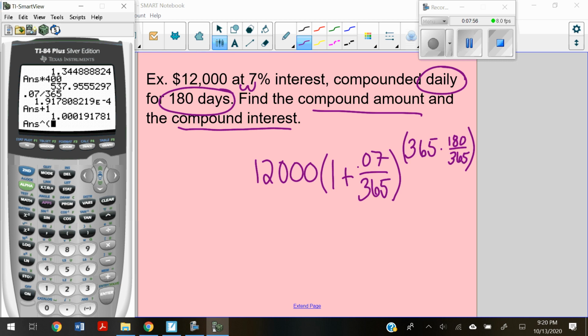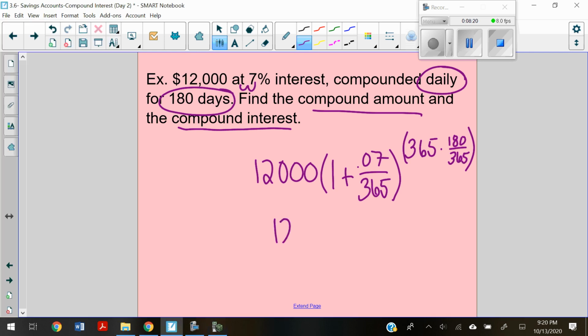So I'm going to put this in parentheses. 365 times, I'm going to put this next part in parentheses also. 180 divided by 365. Close the parentheses. And we're going to times that by 12,000. That's our last step, is always times it by the principal.